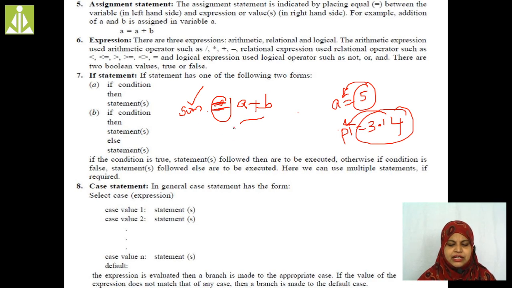For example, I am going to take 2x square plus 3x plus 5. Any equation is there, say I want to find the root of this equation, 2x square plus 3x plus 5. Here we are going to use various types of mathematical operations. This is one type of expression.